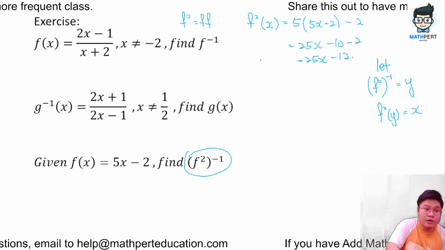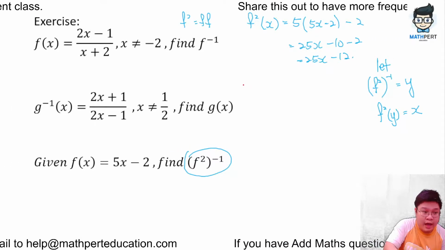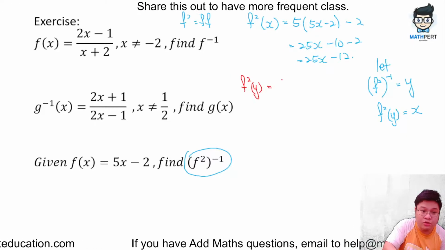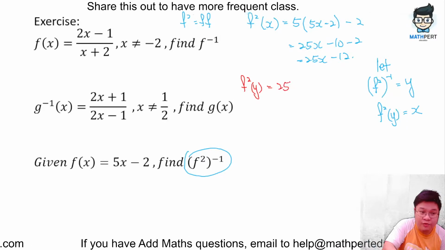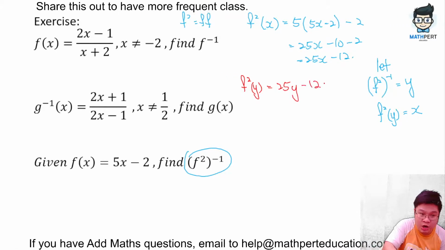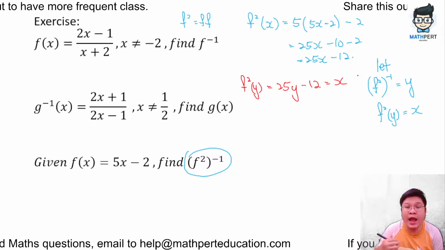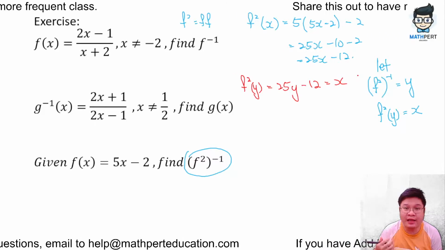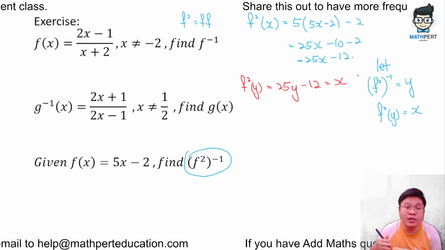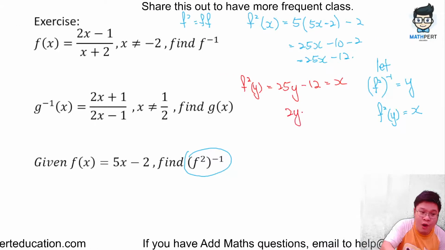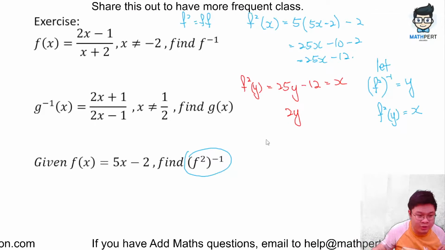So f square y is 25y minus 12 equals x. Now we need to make y the subject, then we can find f square inverse. So 25y, not 2y, it's 25y.